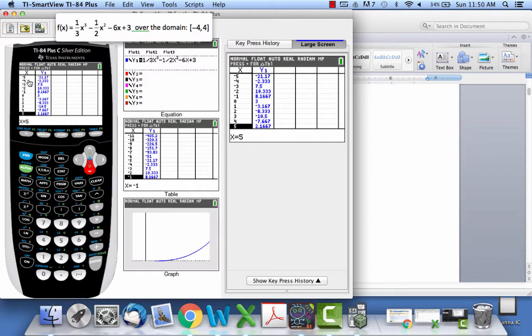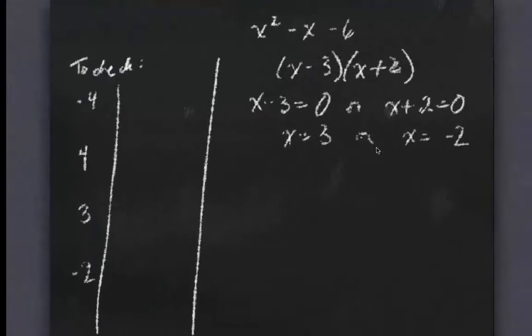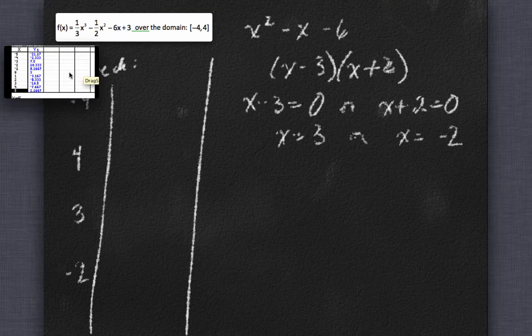Okay, so if we look at -4, it looks like -2 1/3. So for -4, I get -2.3 bar.